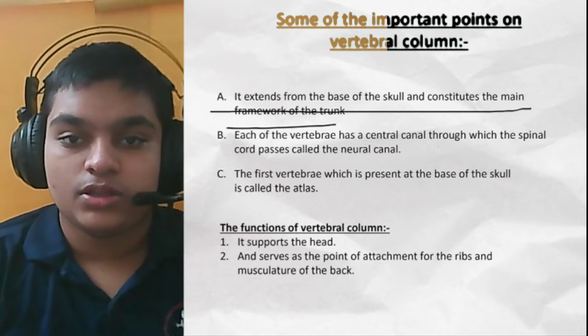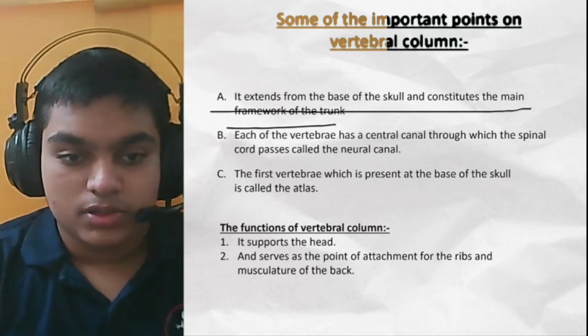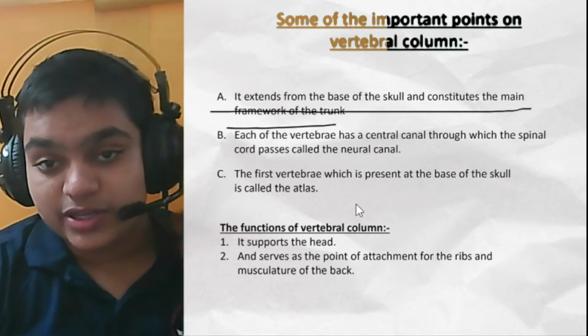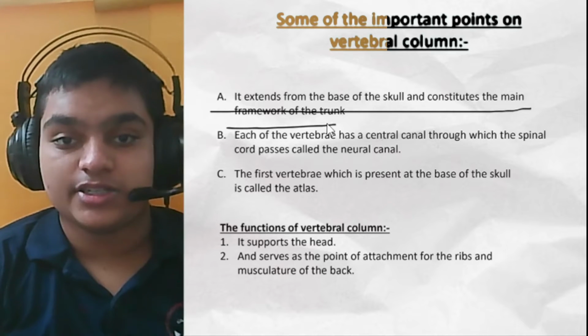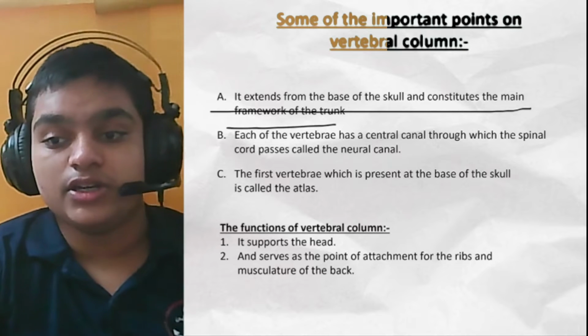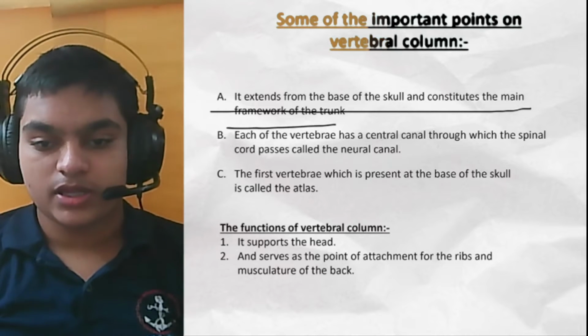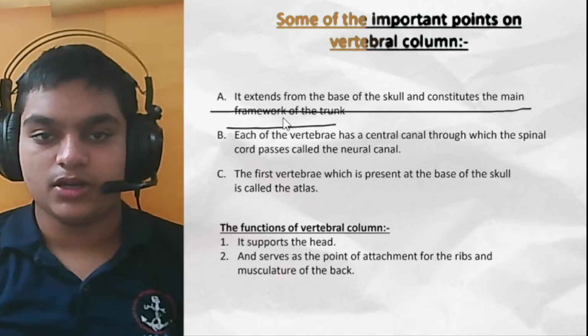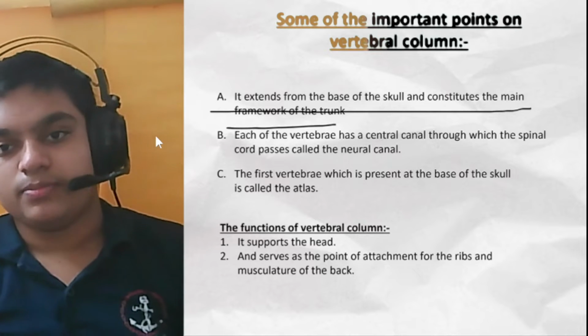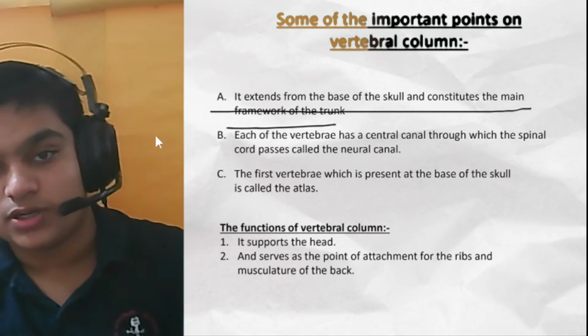These extend from the base of the skull and make the main framework of the trunk.